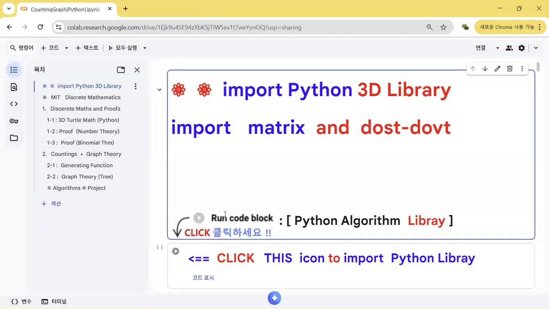As usual, let's import the Python library by clicking this one. Let's see. It's still running. It takes time. All the materials are being loaded to my computer.